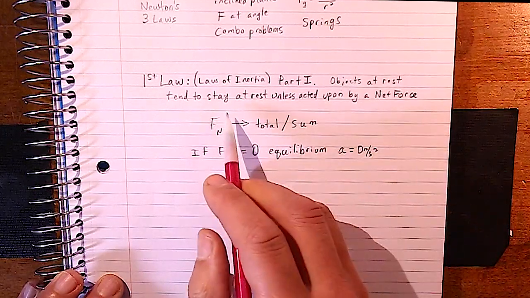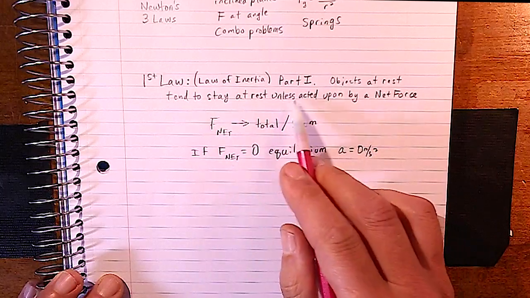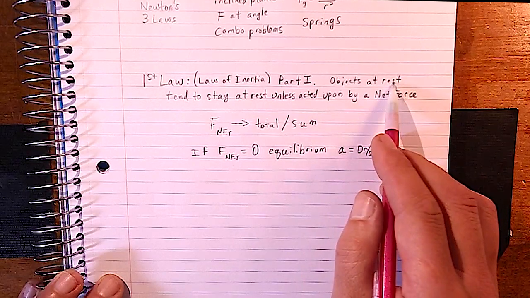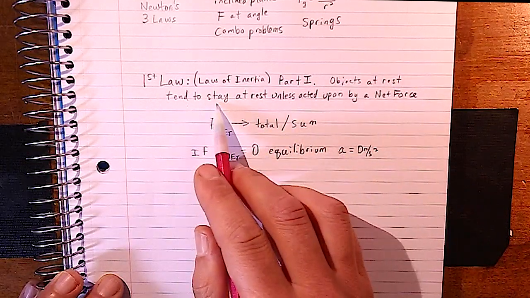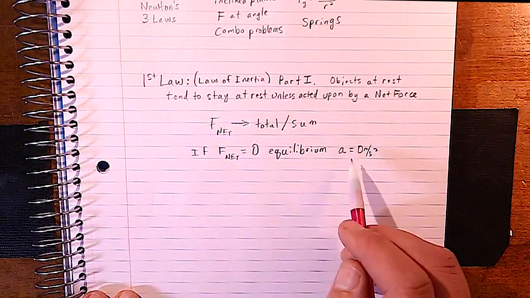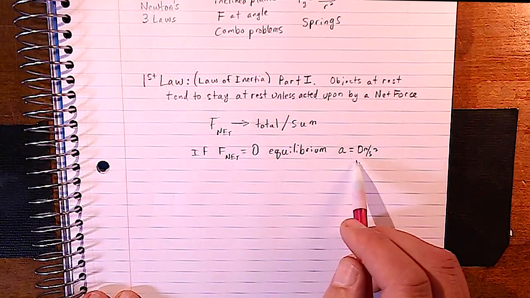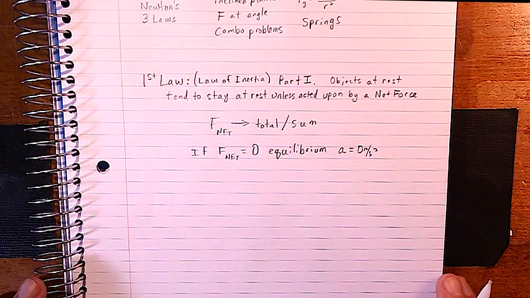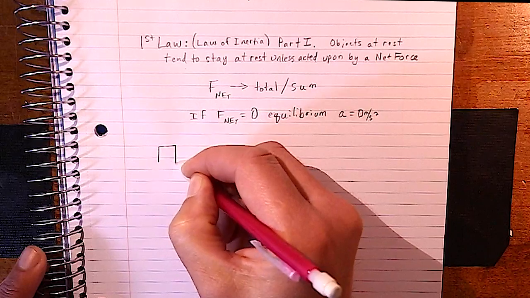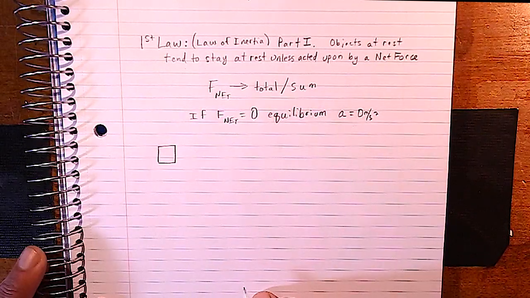Now, the first part of this law says that unless there's a net force, so we're saying if there's no force on an object at rest, then it will, according to Newton, stay at rest. And that's because its acceleration is 0. So let's look at a couple of examples of this. Let's say we have a block that is out in space.